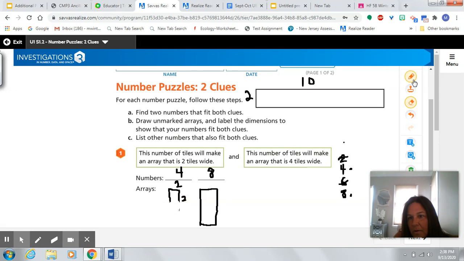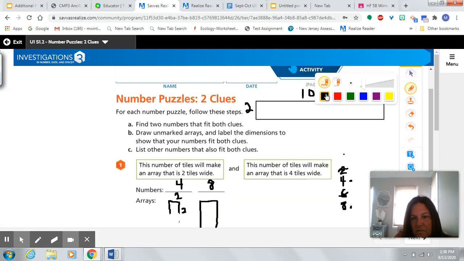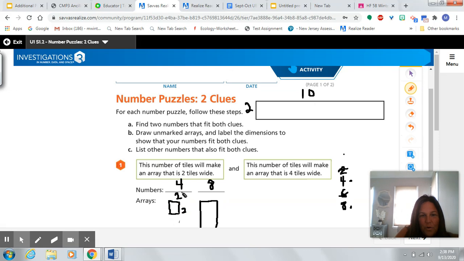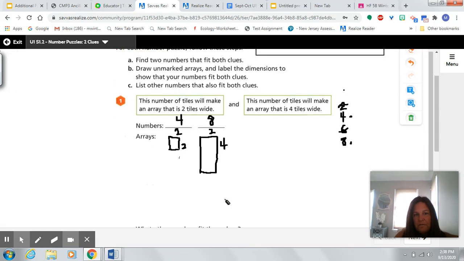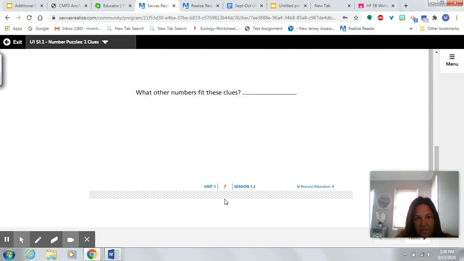Now this actually does look like a square, which means I did it correctly. 2 by 2 gives me 4, so that's my array to go with 4. This one is a 2 by 4, and that's how I got 8. And that's all you have to do for each of these on page 7.